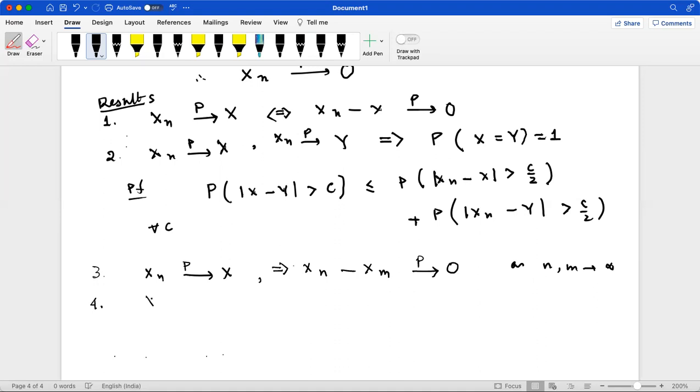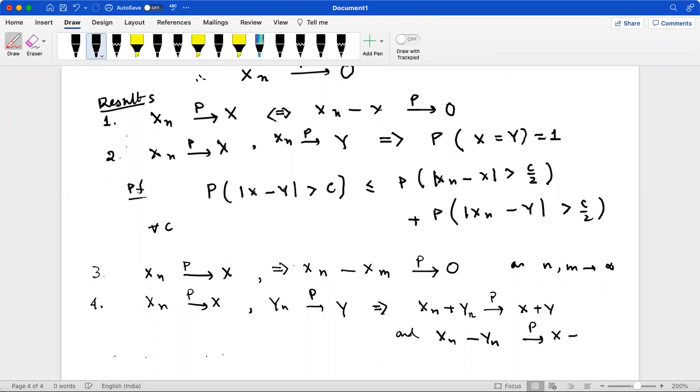The fourth one is this: if xn goes to x in probability and yn goes to y in probability, then xn plus yn goes to x plus y in probability, and xn minus yn goes to x minus y in probability.